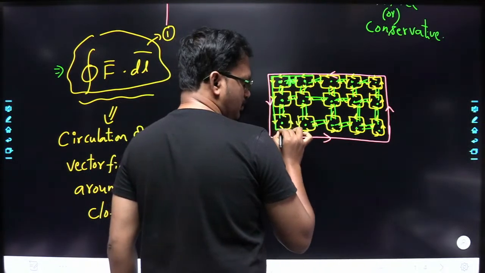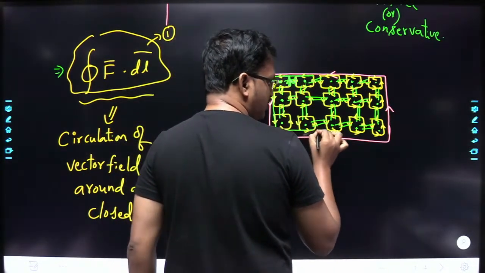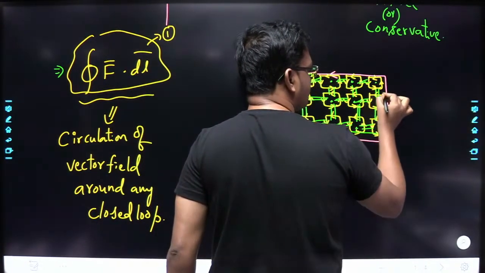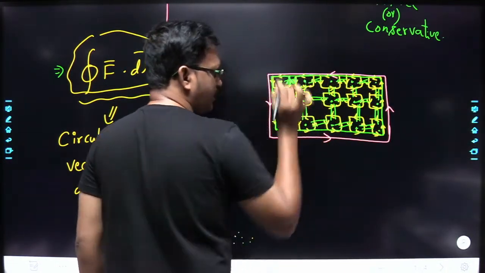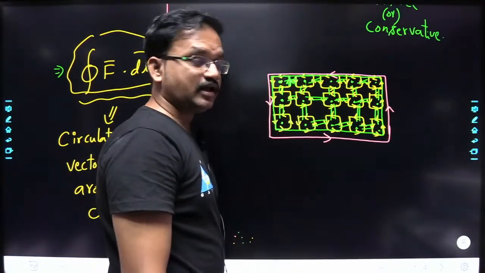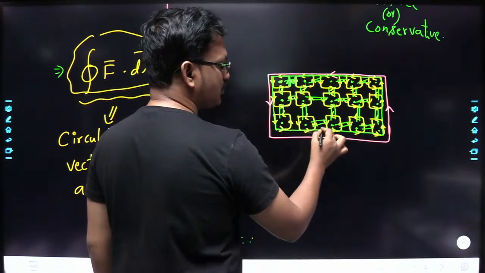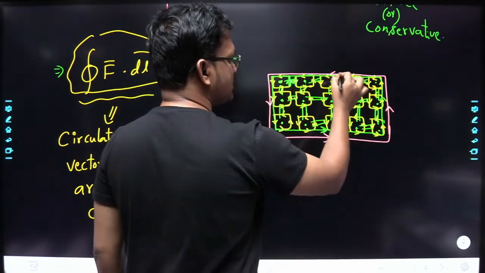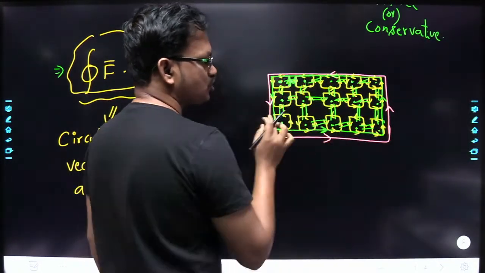So whenever you add the circulations about each and every point, this will get added up, this will get added up, and here this will get added up, and here this will get added up, right? So internally everywhere it will get cancelled. So finally what are you getting here? You are getting the circulation around this closed loop, or not? Yes or no? Finally you are getting the circulation of the field around this closed loop.